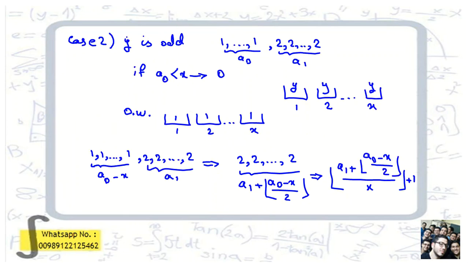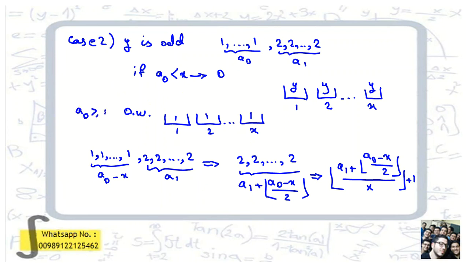Now, in case 2, if y is odd, we place a 1 in each bag, and then for the other 1s, we pair them up, changing each two 1s to a 2. So we have A0 minus x 1s left. In this case, A0 must be greater than or equal to x.